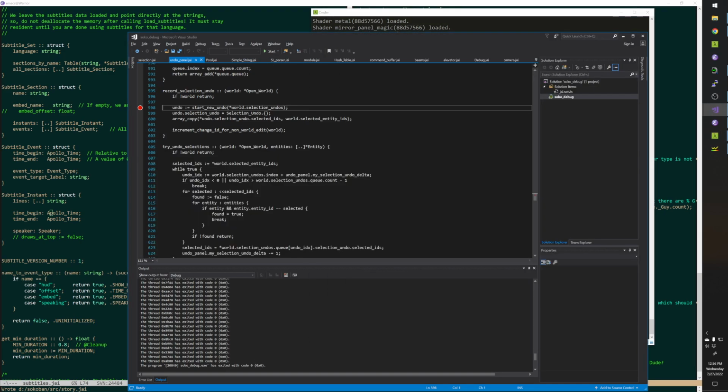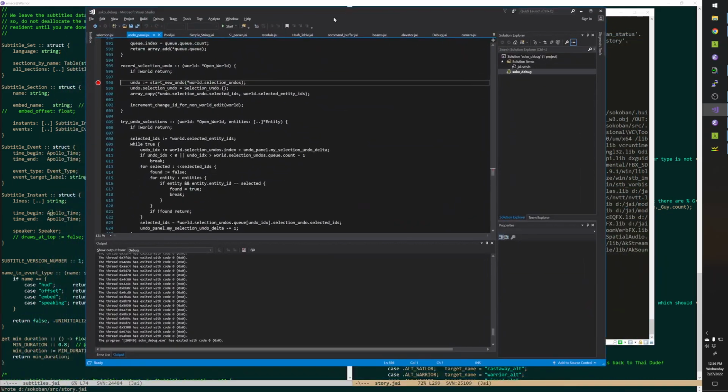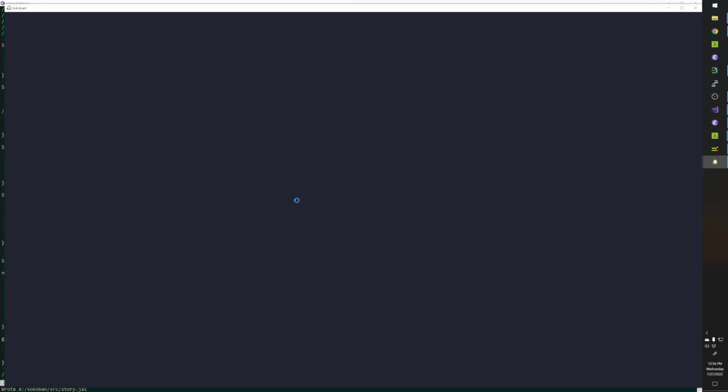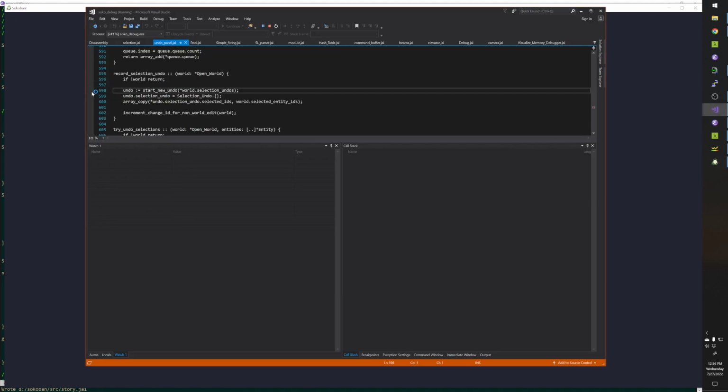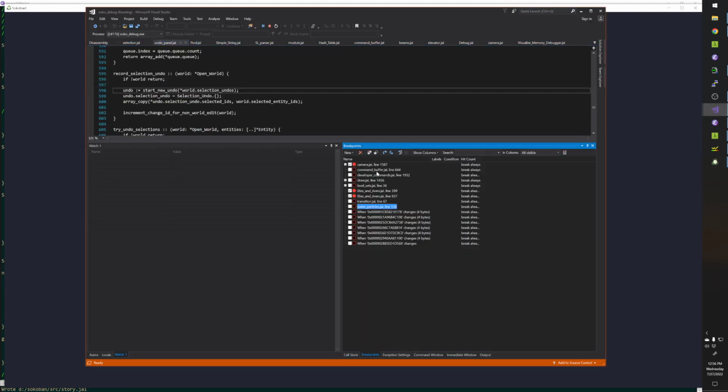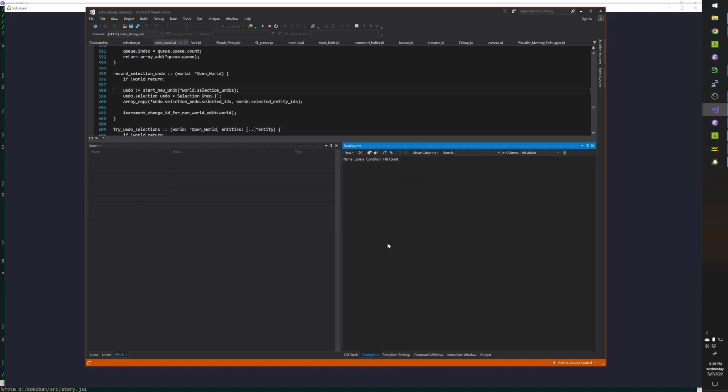Let's do LLVM build just for consistency. Making sure we succeeded. Okay. There's breakpoints in here that I don't want, I'm sure. Oh my gosh. Let's get rid of all those.